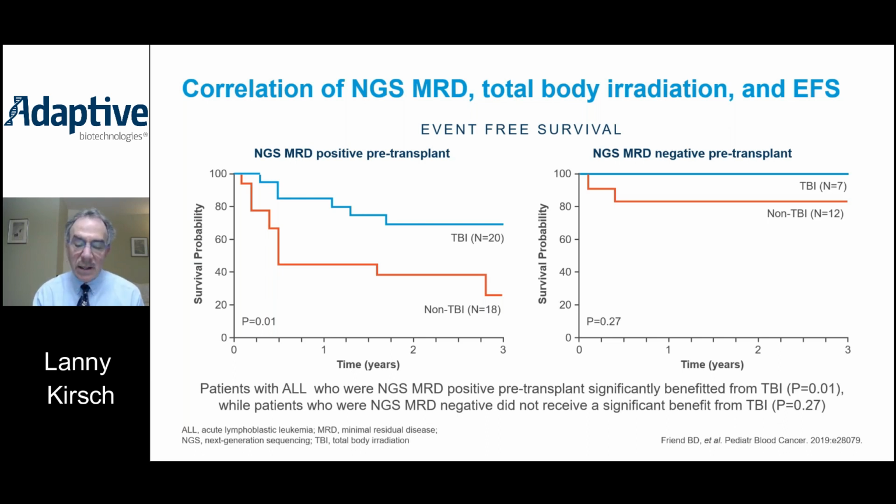However, many of the treating physicians chose to forego this aggressive course of irradiation for their MRD negative patients. What was the result? For patients who are MRD positive pre-transplant, shown in the left-hand figure, TBI was a very helpful addition.